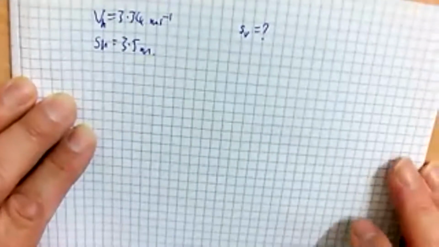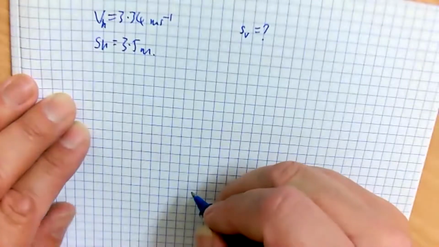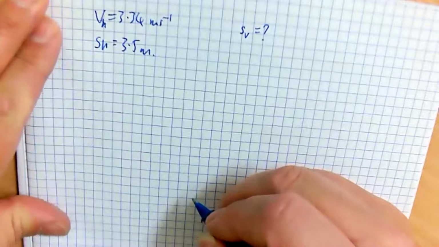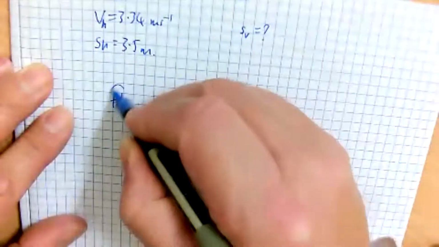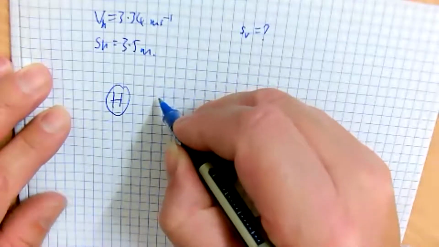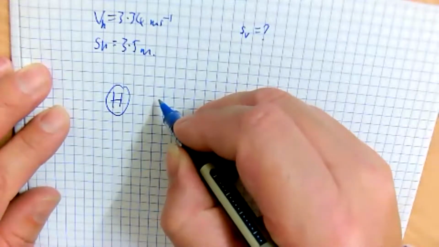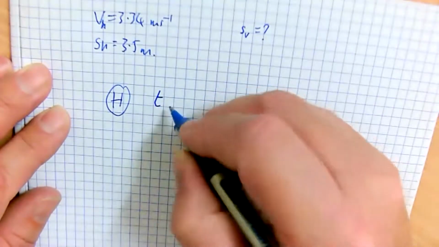This time, I think we need to take the horizontal motion into account first, to work out the time. The time is the key bit, because the time the projectile spends in the air is going to be the same for both horizontal and vertical considerations.